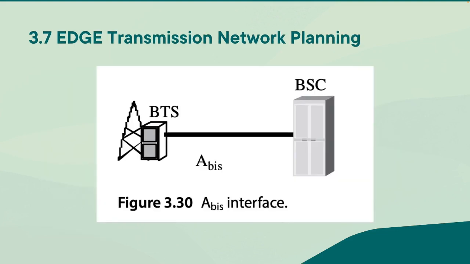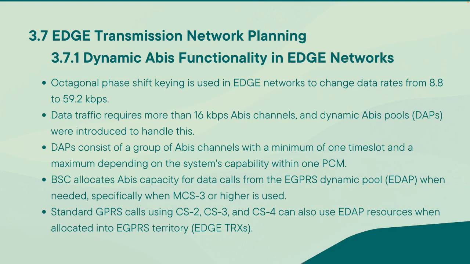So this is a picture of the Abis interface. It sits between the base station and the base station controller. The sub point 3.7.1 is where we're talking about the dynamic Abis functionality in the H network, or E network.